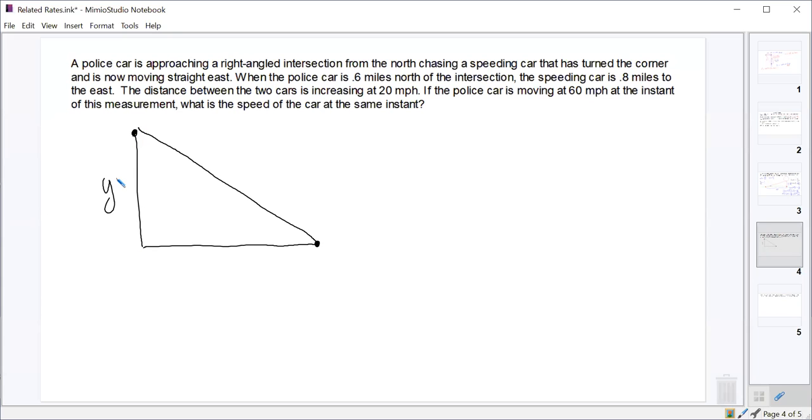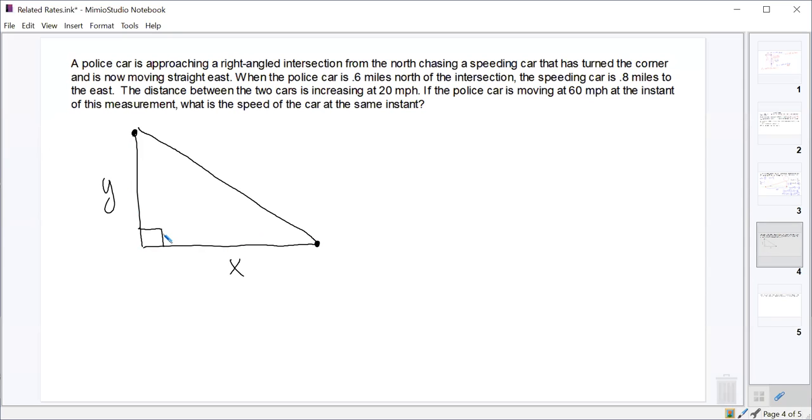All right. What about this distance from the intersection to where the speeding car is? Is that distance changing as the car moves? Yes. So let's call that, since it's in the x direction, x. What about the angle in between x and y? Is that changing? It's a right angle intersection. That's not going to change.